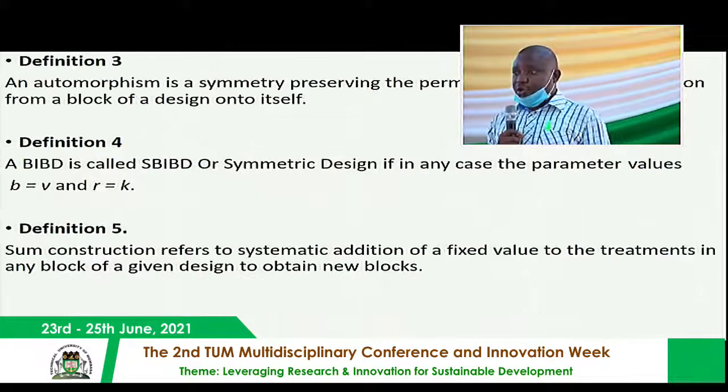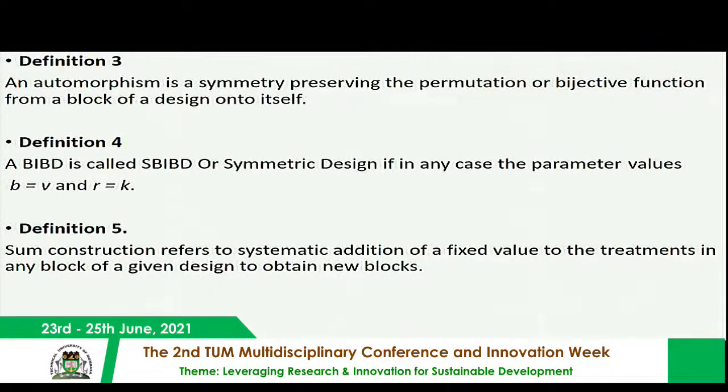The next. Automorphism now can be treated as an isomorphism or a mapping of an isomorphism onto itself. You are talking of having a bijection or a symmetry preserving permutation without changing the contents.